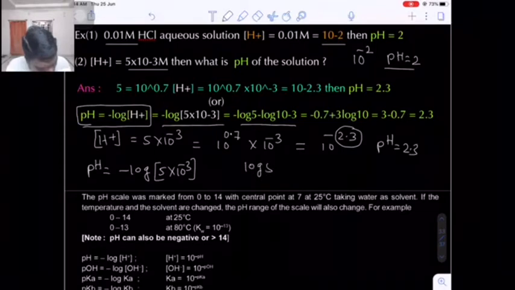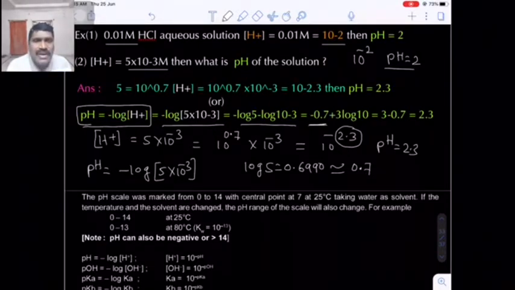Log 5 value is 0.6990, which is approximately 0.7. So I am writing here minus log 5 as minus 0.7.